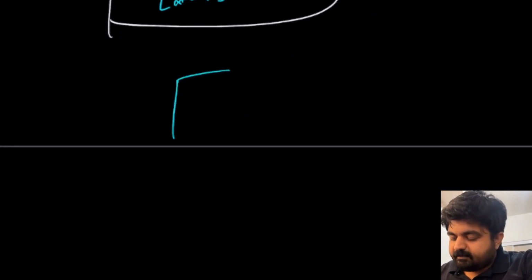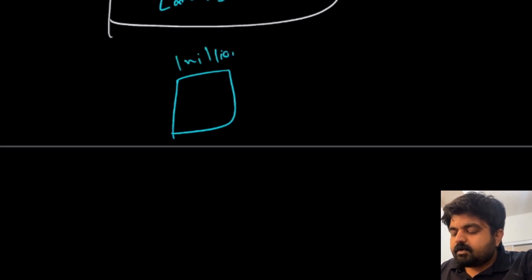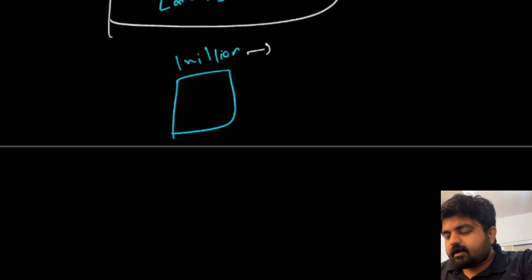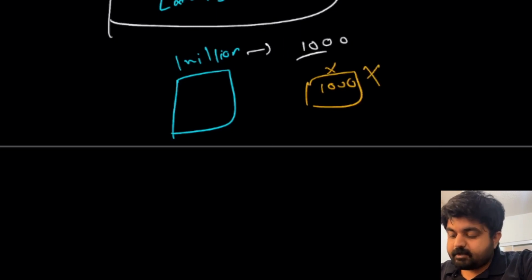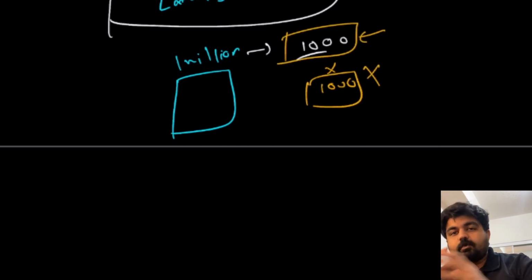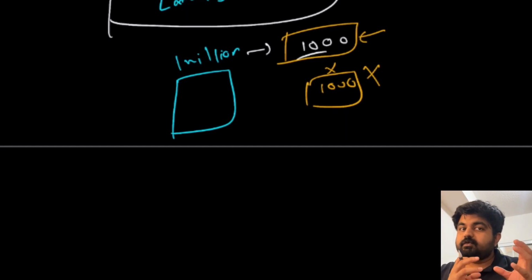Imagine you currently have one database with 1 million records. If you decide to do 10 shards with 100,000 records each, that makes sense. But if you create 1000 shards with 1000 records each, that would be a bad practice, because you are going to be managing so many shards for so few data points.